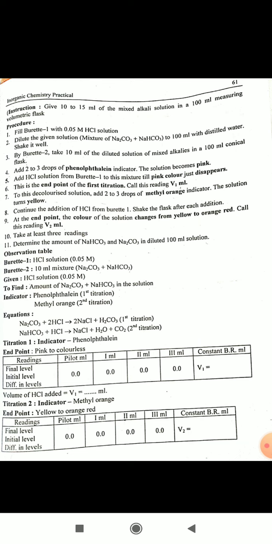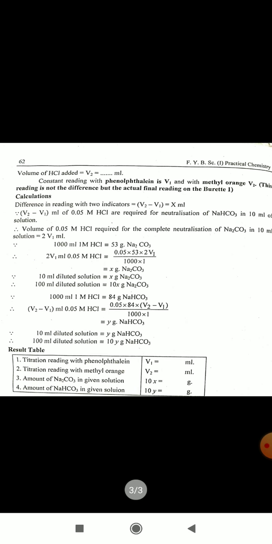Three readings are measured, and the mean of the three readings, divided by 3, gives the constant burette reading V2. This is the volume of HCl added, V2 ml. The constant reading with phenolphthalein is V1 and with methyl orange is V2. This reading is not the difference but the actual final reading on the burette.